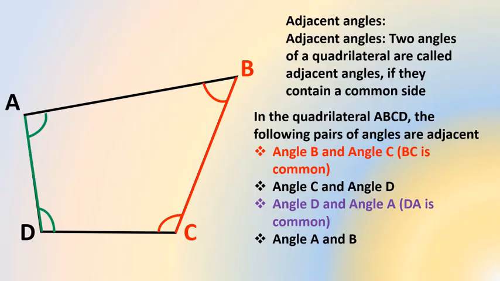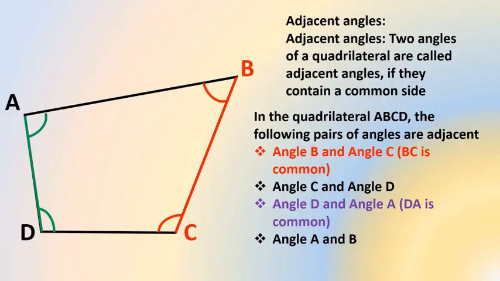Now the one which is above, AB, black one, that is the common side. If I consider vertex A and vertex B, angle A and angle B are also adjacent. But I can't mark it with the same color. Already one is marked in green, one in red. Remember. Correct, no? Okay.